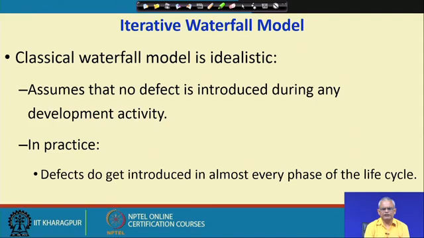But what if there was a design error which was discovered during, let us say, testing? Because every programmer makes mistakes, and it may not be that all mistakes are discovered within that phase.